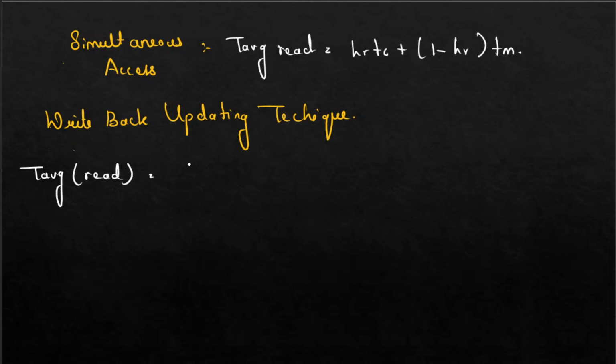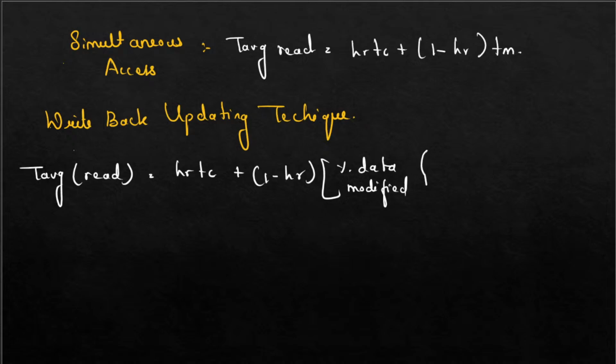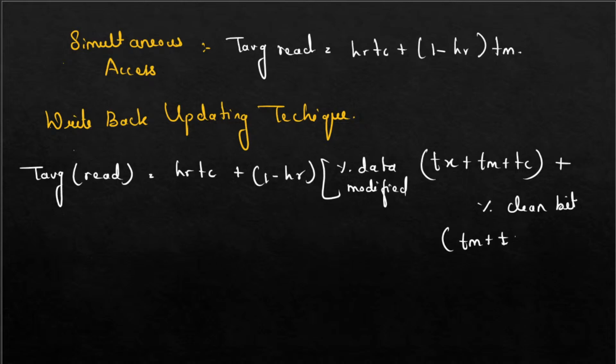So T average read is HR TC plus 1 minus HR, so percent of data modified, okay, which is Tx plus Tm plus Tc plus percent of clean bit, Tm plus Tc like this.